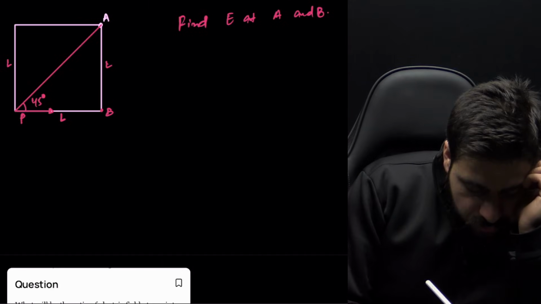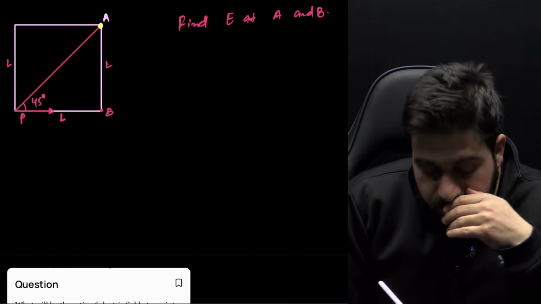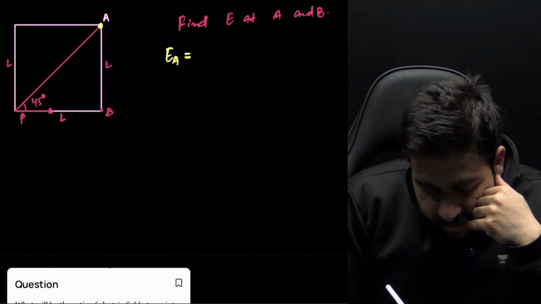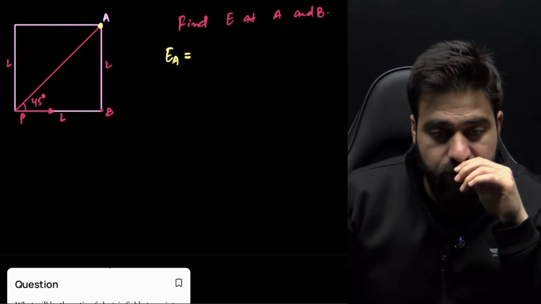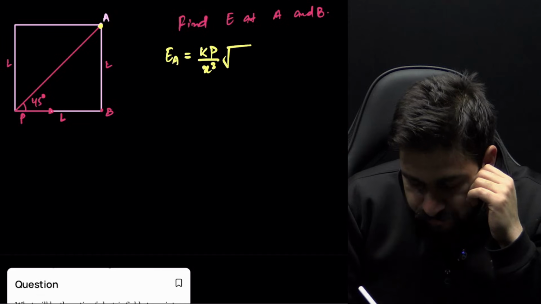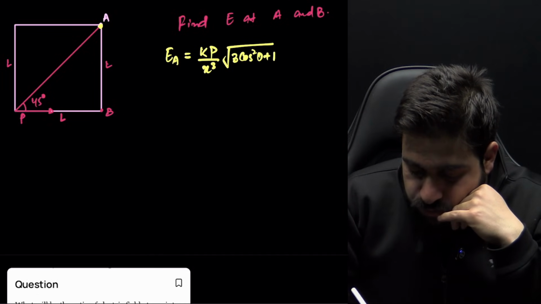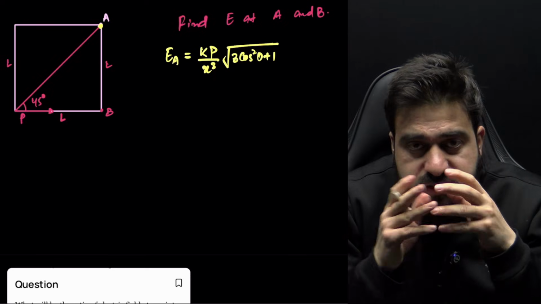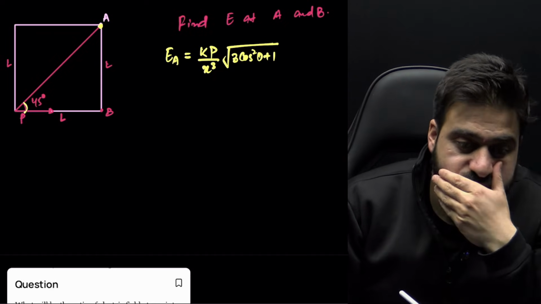What I want you to understand in this particular case is, when I say electric field at a general point due to an electric dipole, it is Kp divided by x cube, under root of 3 cos square theta plus 1. This is the formula. Now what is the value of theta over here? That is 45.